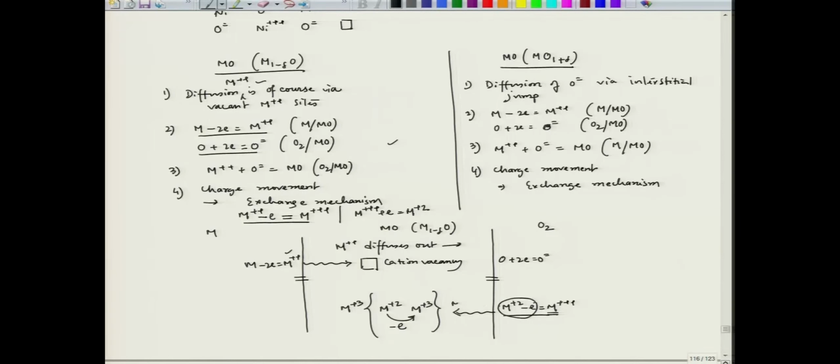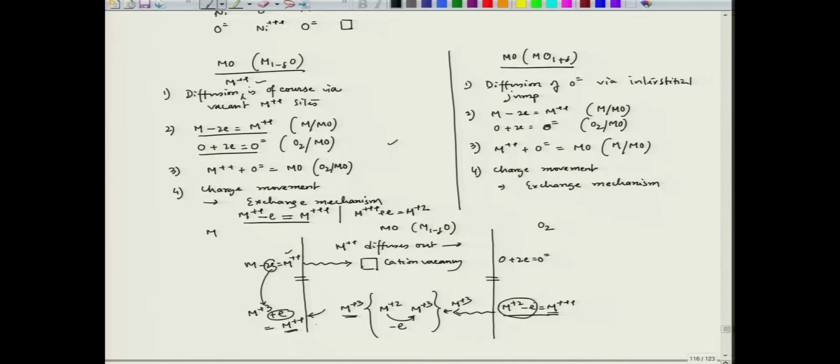Now, whenever we have this particular reaction, M plus 3 is moving to this end. Then again there is another exchange of electron. So M plus 3 is coming here, and finally it comes to this interface. M plus 3 combines with one electron and forms M plus plus, and this electron is coming from the 2 electrons released by the metal, which combine with metal plus 3 to form metal plus plus.